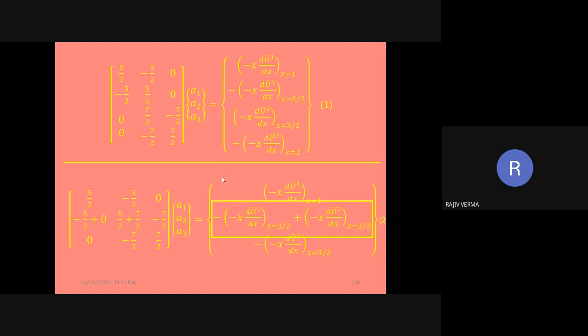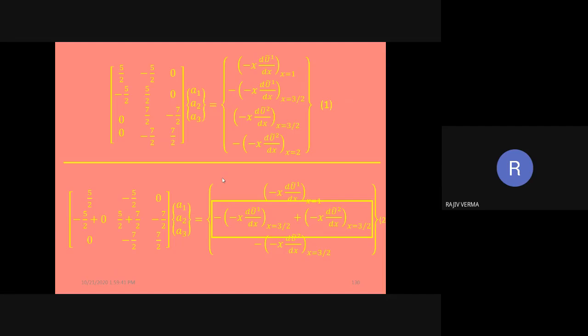If you look at these two terms closely, you will notice that both these terms have been evaluated at the same point given by x equal to 3 by 2.